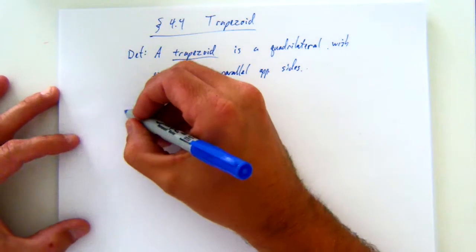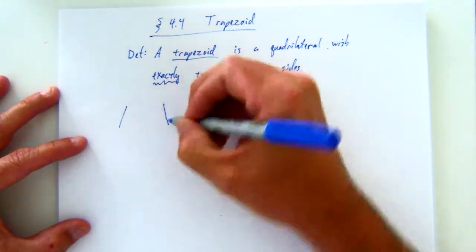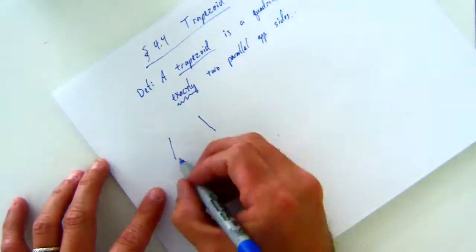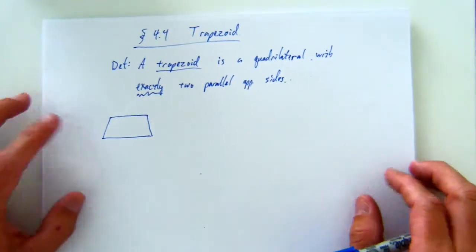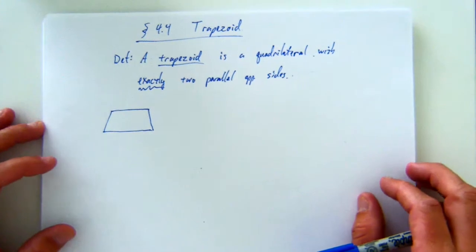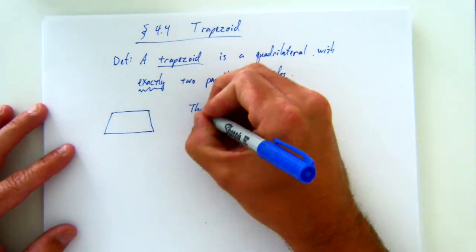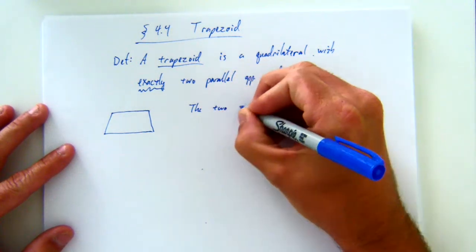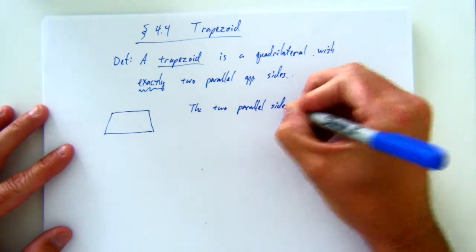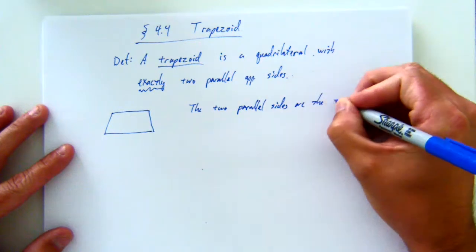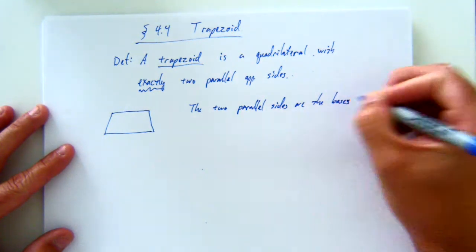So we're pretty familiar with what it might look like. Notice that these 2 sides are not parallel yet. These 2 sides will be parallel. So that's what it might look like. We say that the 2 parallel sides are the bases of a trapezoid.